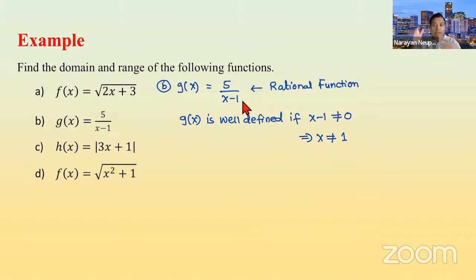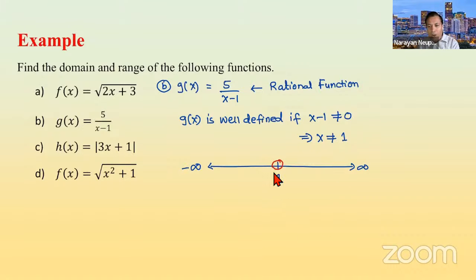Let's represent this using a number line that goes from -infinity to infinity. It takes all x values from -infinity to +infinity except this one, so 1 is not included. Over there, you can put a circle.